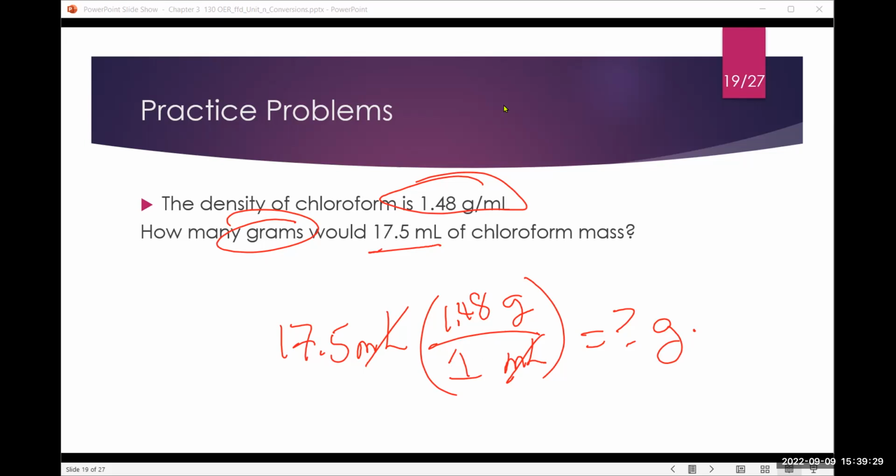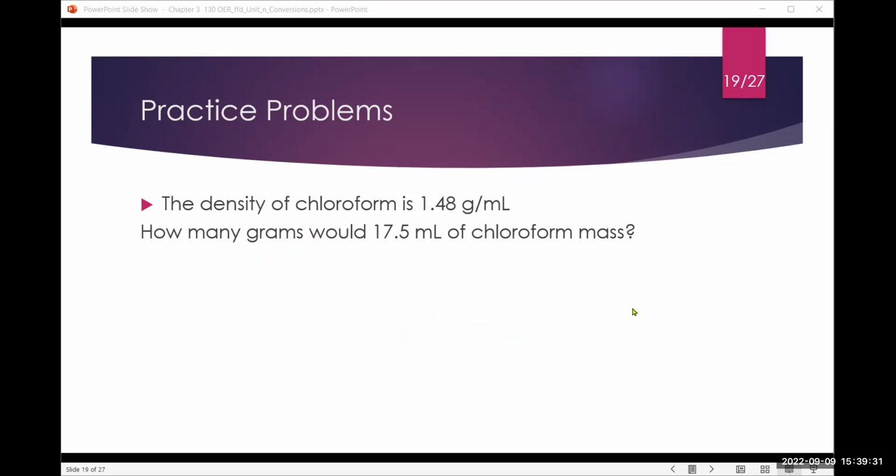And so 17.5 milliliters of chloroform will weigh 25.9 grams. We use the density a lot in the lab because sometimes our balance is not working, or we don't have a balance.